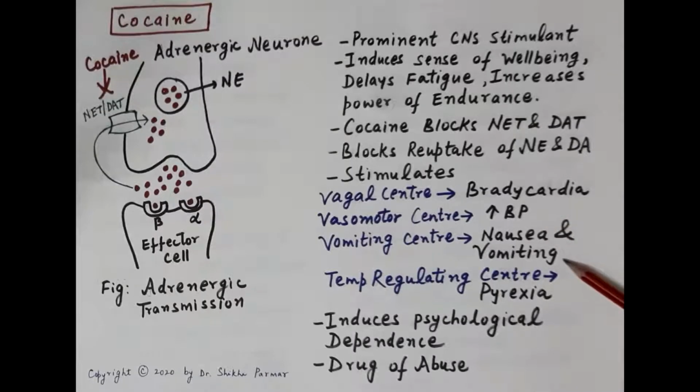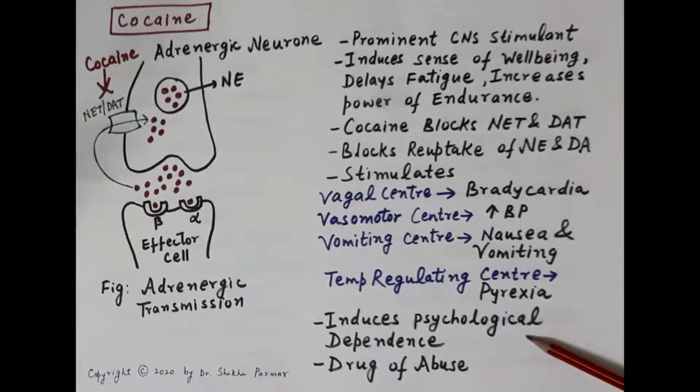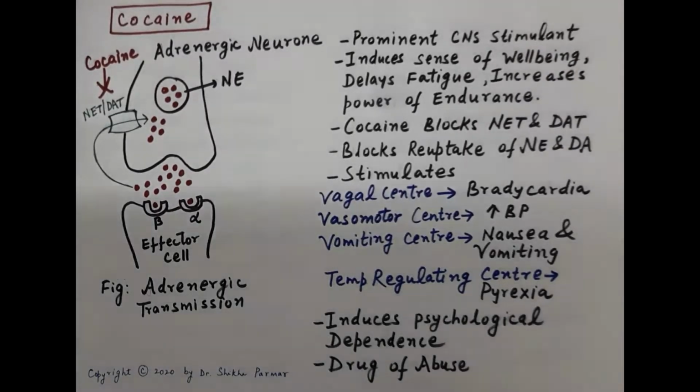It can stimulate the vomiting center, resulting in nausea and vomiting. It can also stimulate the temperature regulating center, causing rise in body temperature, that is pyrexia. And an important consideration with regard to cocaine, it can also induce psychological dependence, and it is also one of the drugs of abuse.